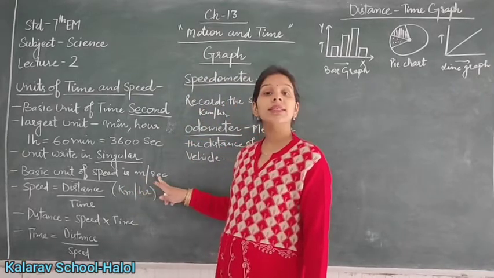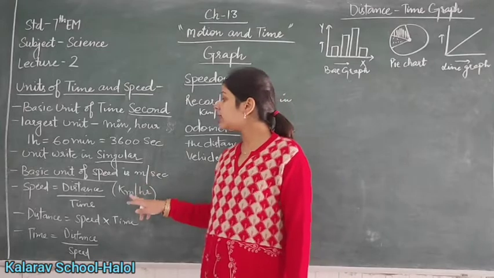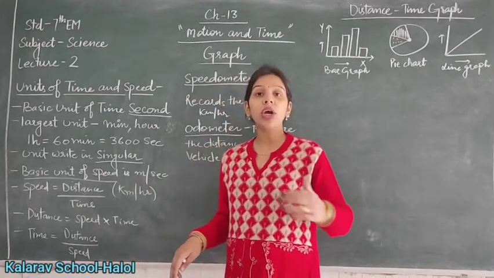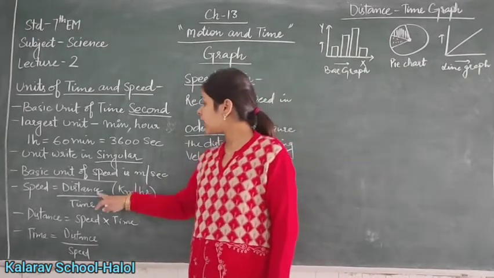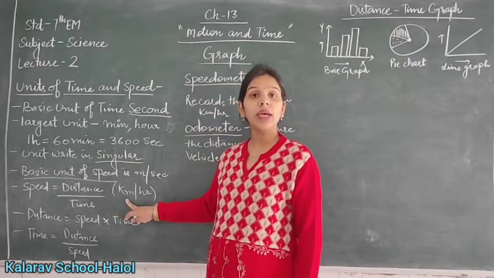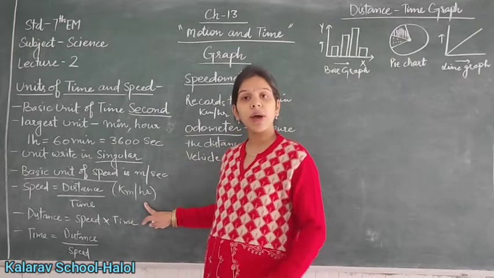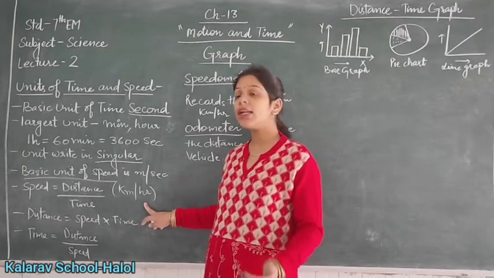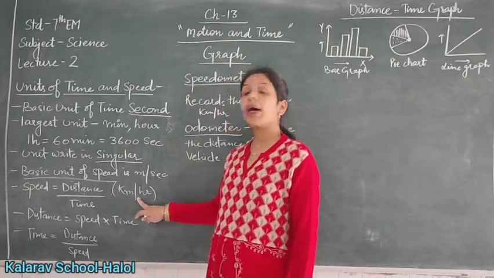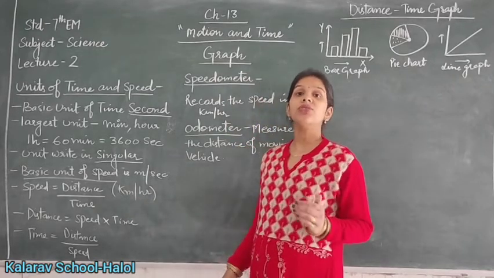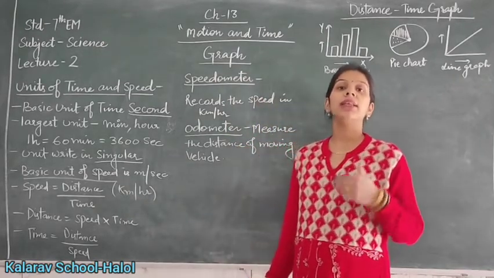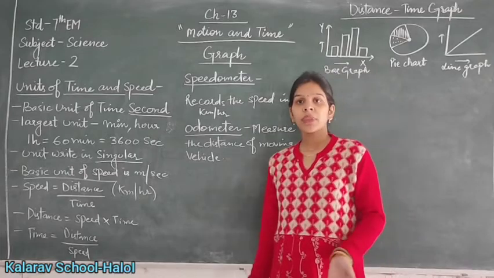Meter per second. On the other side, if we calculate longer distances, then the distance is in kilometer and the time is in hour. So what is the unit of speed? That is kilometer per hour.